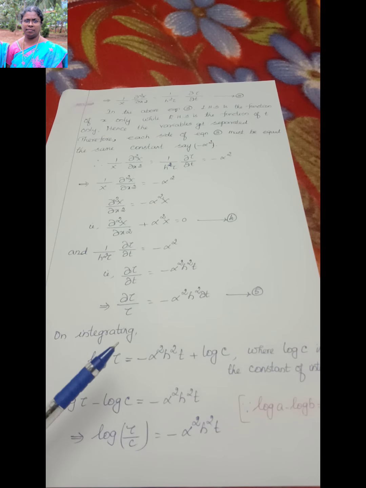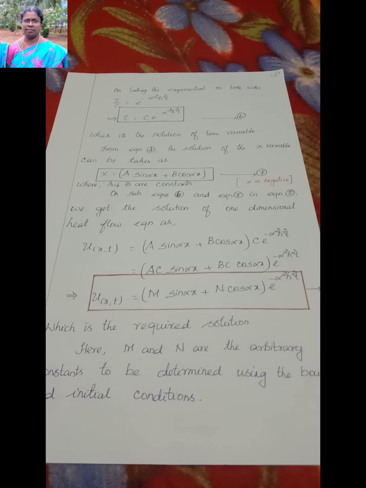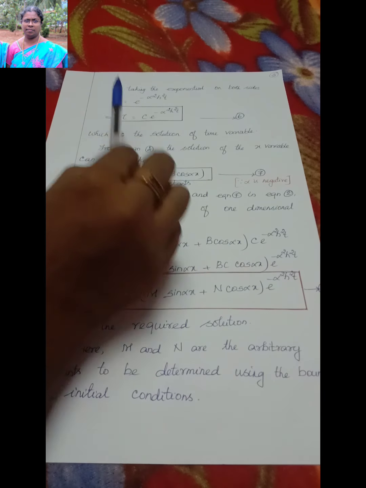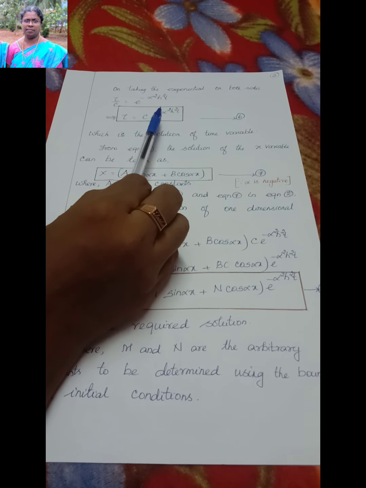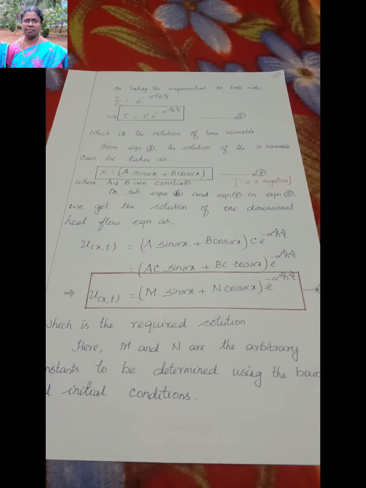On grouping the log terms on one side, we get log(T/c) = −α²h²t. On taking the exponential on both sides, we get T = c e^(−α²h²t). That is equation number 6, which is the solution of the time variable.